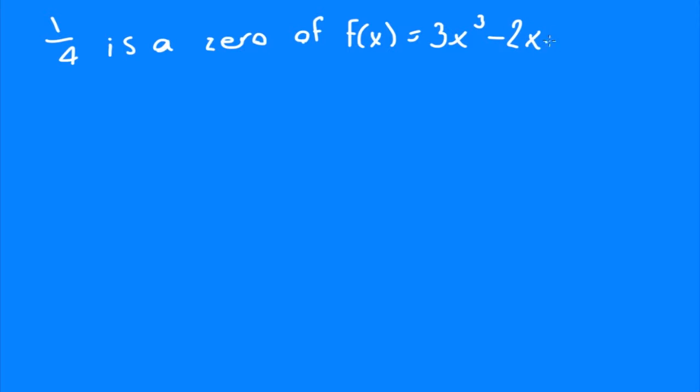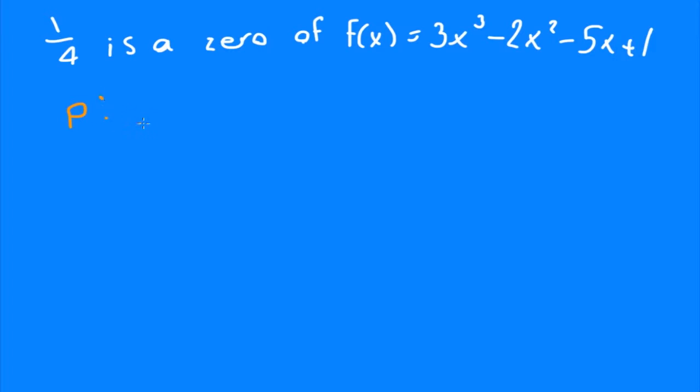Okay, so this is another type of problem. They are going to ask you if 1/4 is a 0 of f of x equals 3x cubed minus 2x squared minus 5x plus 1. What you're going to do is look for p.